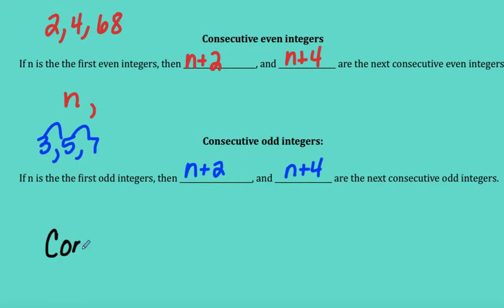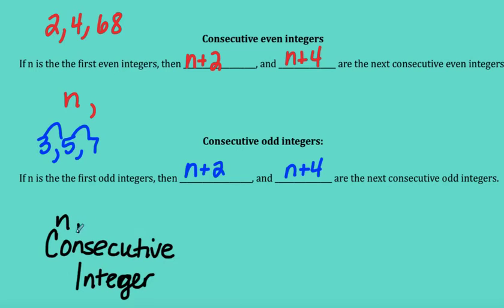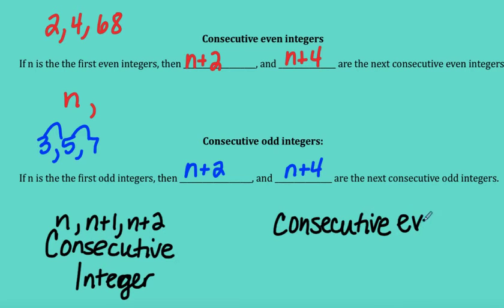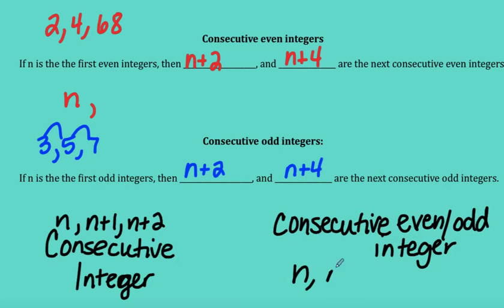It could say just consecutive integer, which would be n, n plus 1, n plus 2. Or it could say consecutive even or odd integer. And then you'd have to do n, n plus 2, or n plus 4.